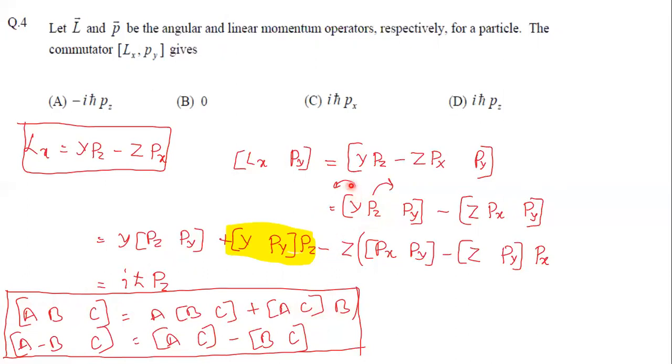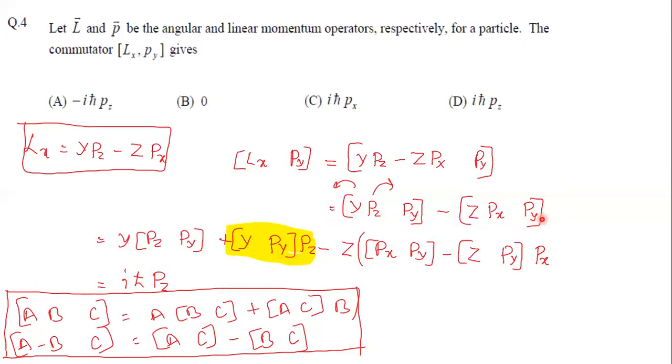Then y comes onto the left side and pz onto the right side, and the remaining is written here. When y is taken to the left side, we are left with the commutator [pz, py]. When pz goes onto the right, this is written as y times the commutator [pz, py] plus the commutator [y, py] times pz, minus.